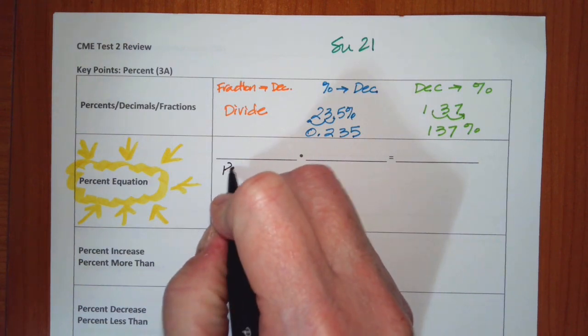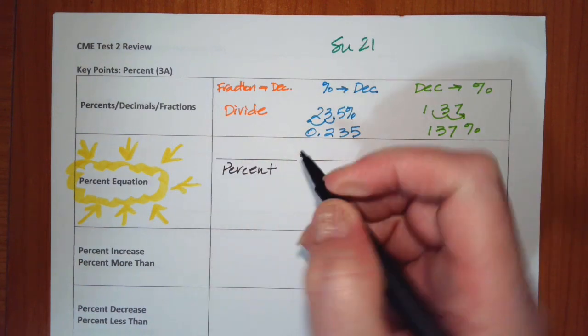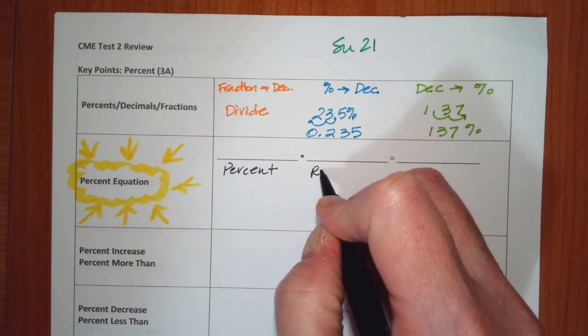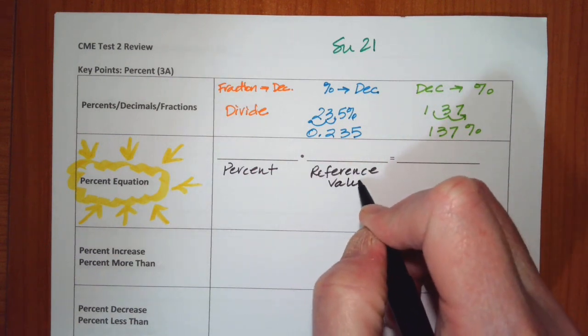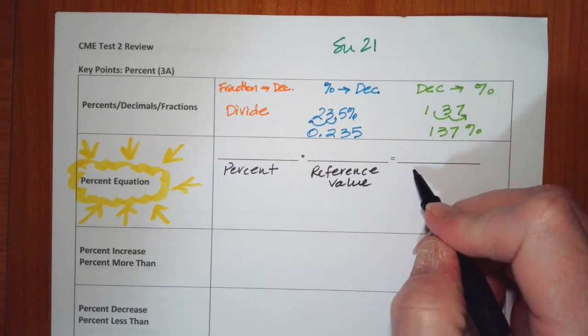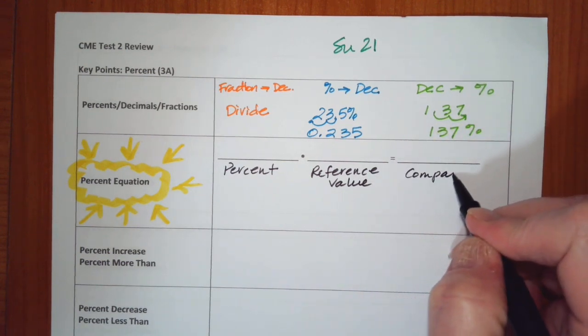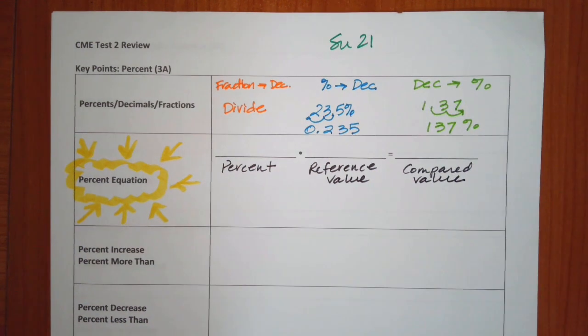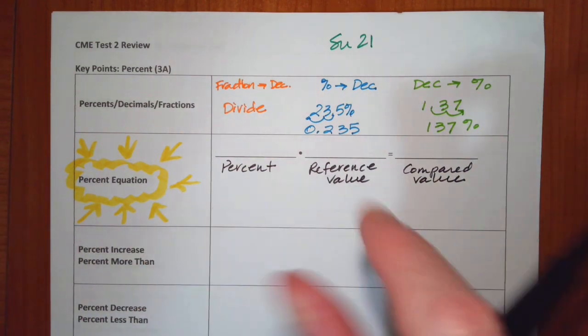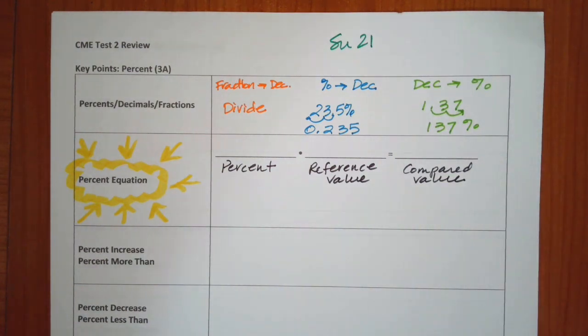We're going to do percent times the reference value is equal to the compared value. Okay. And of course, the percent, what you're going to see is probably a percent symbol.